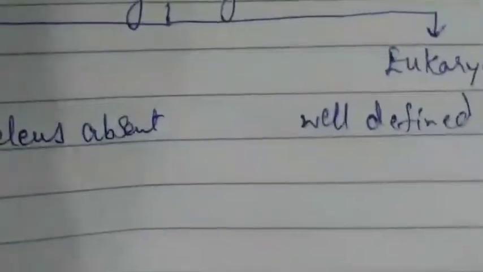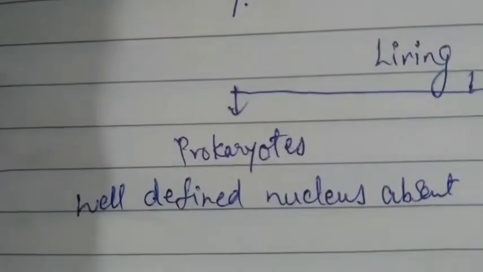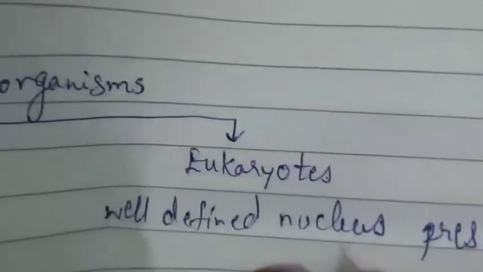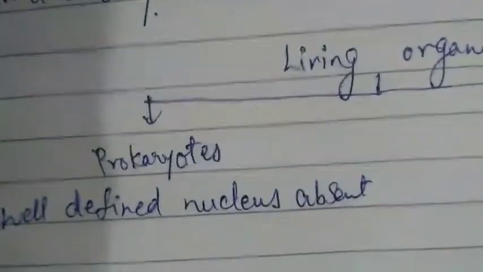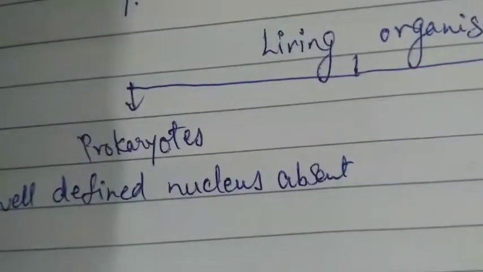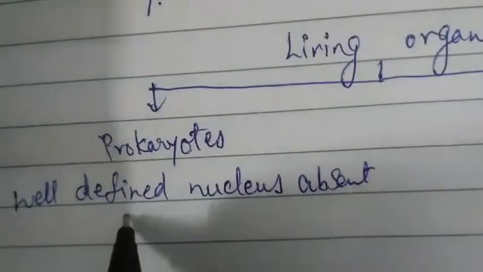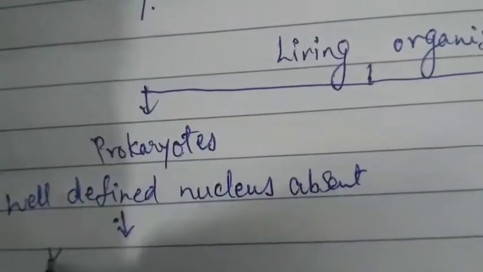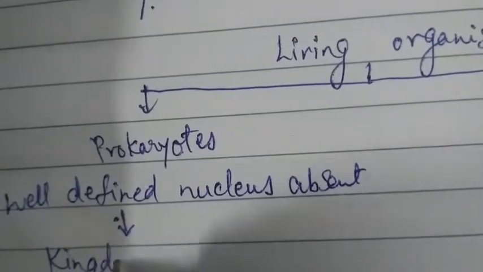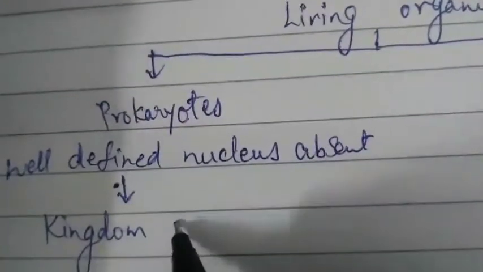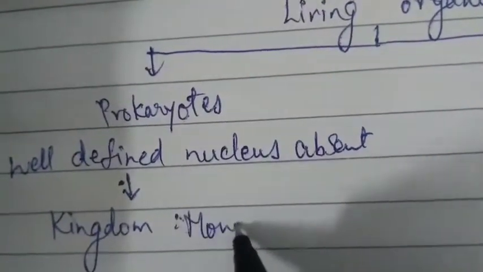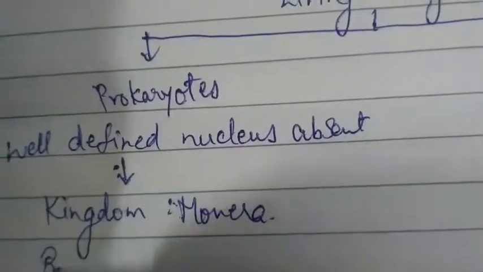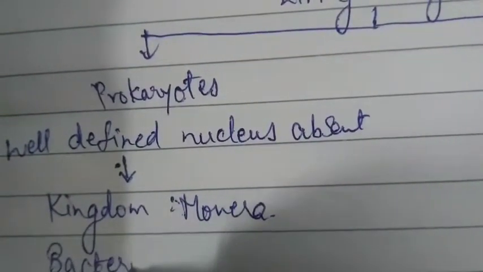Now, under prokaryotes, microorganisms are included, that is, Kingdom Monera. Microorganisms come under Kingdom Monera. Bacteria and the like are included.